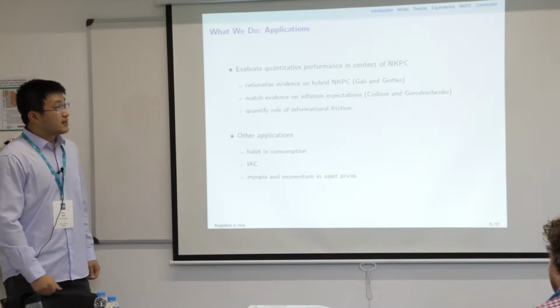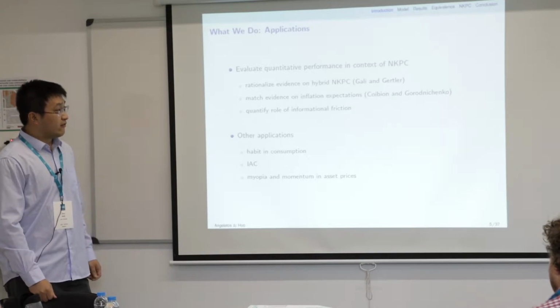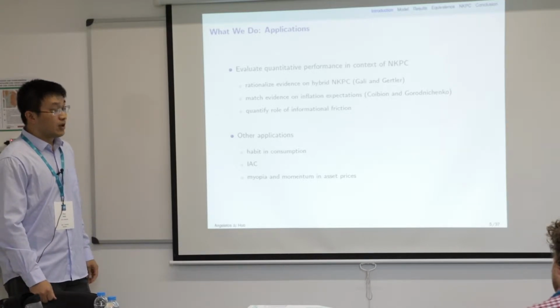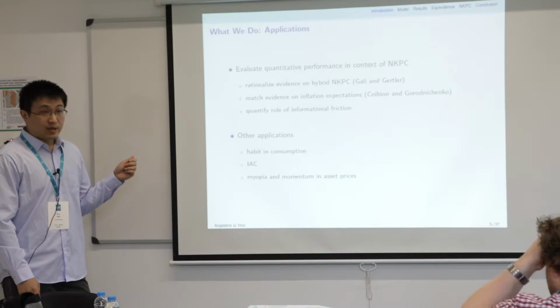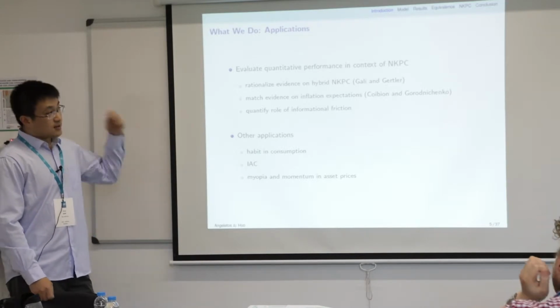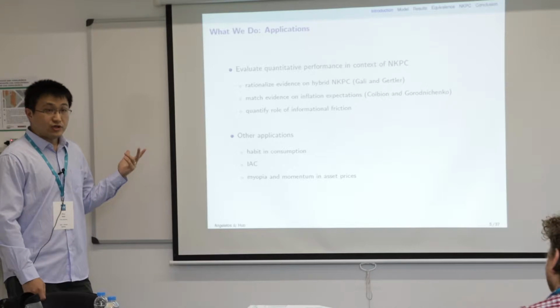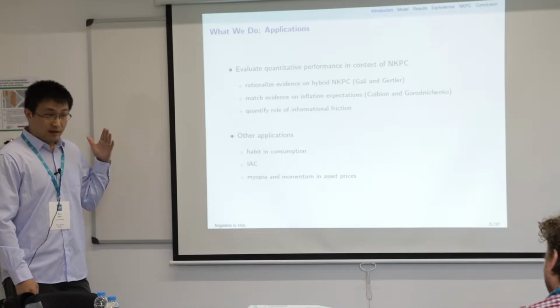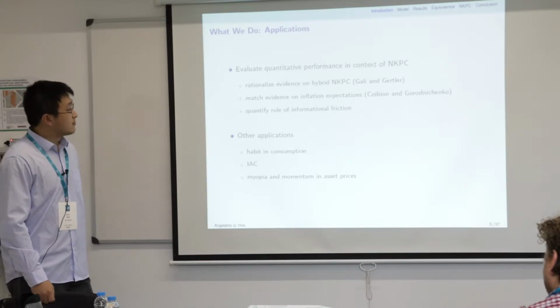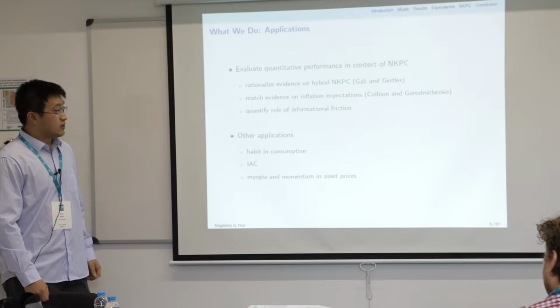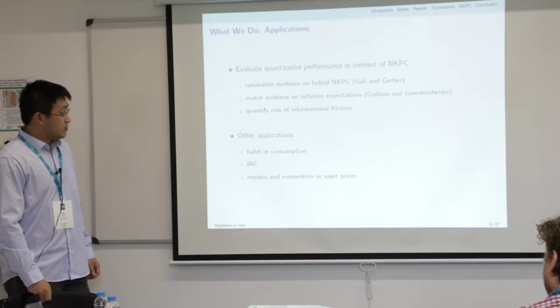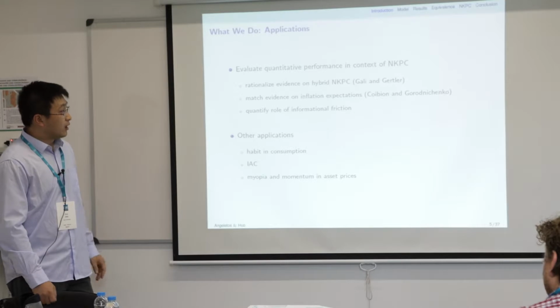And also simultaneously, we're going to match the evidence on inflation expectations, in the sense that we're going to jointly not only match the time series on real marginal cost and inflation, we're also going to match the forecasts about inflation, and so on and so forth. And we're going to quantify the role of information friction. We also do other applications in the paper, but in the talk, we're going to focus on this one.